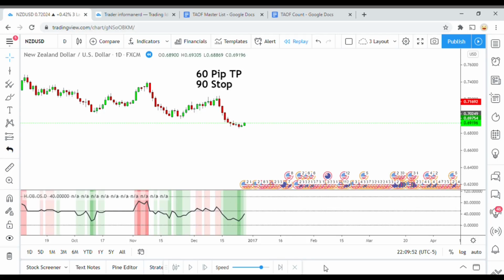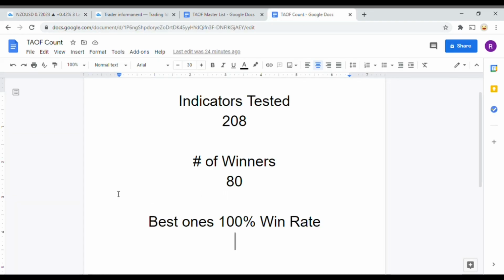All right, as I said, today we will be testing the hybrid overbought, oversold indicator. But before we do, I wanted to put the indicator scoreboard up for everyone to see. To date, we have tested 208 indicators. Out of those 208 indicators, 80 of them have been winners, which means that they have met or exceeded the 60% win-loss ratio threshold that we have set for them.